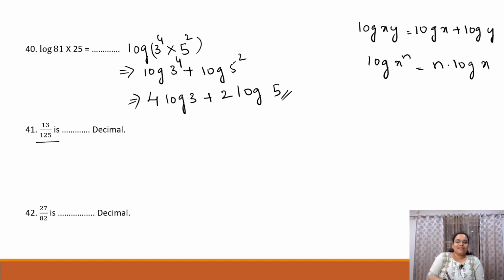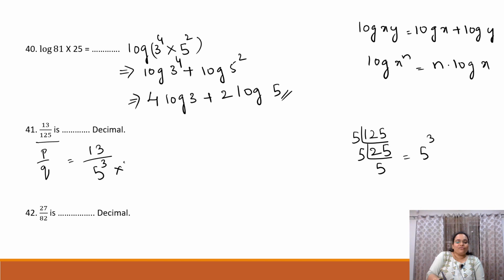In the 41st question, they have asked 13 by 125 is a dash decimal. If you observe this, this is in the form of p by q. Let's prime factorize 125 to get it in the form of 2 power n into 5 power m. That is 5 cube. So 13 by 5 cube.